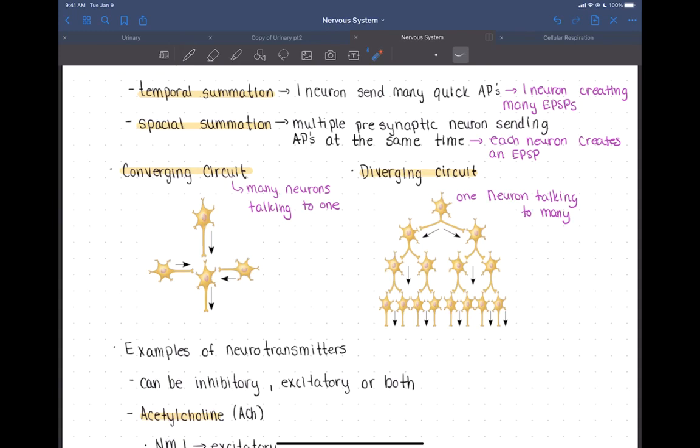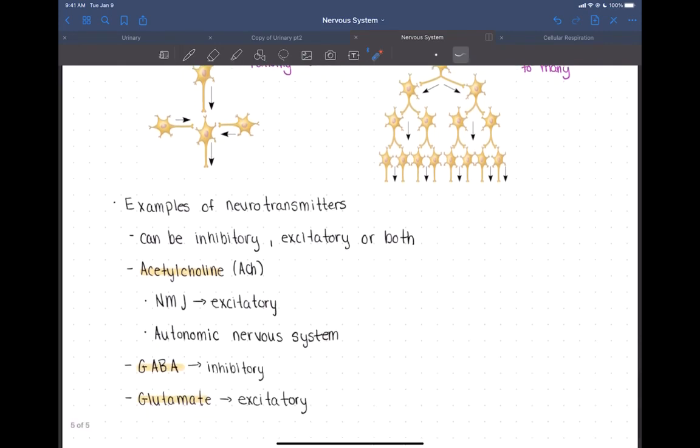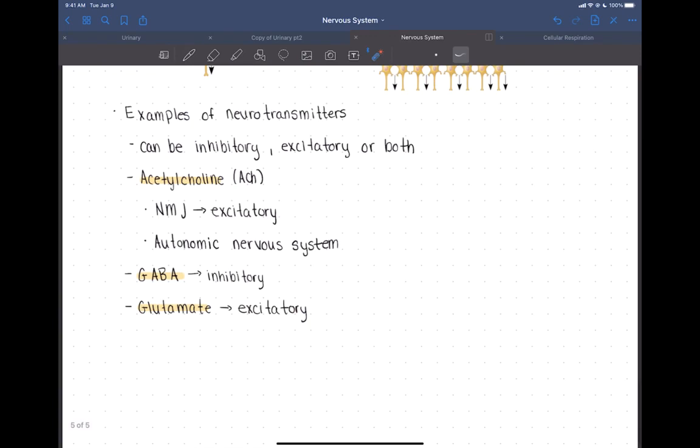Lastly for this chapter, we're going to talk about a couple types of neurotransmitters. Your notes for this chapter lay out some other ones as well that you should be familiar with, but these are some of the main ones. Again, remember, they can be inhibitory, excitatory, or both. It all depends on the receptors.